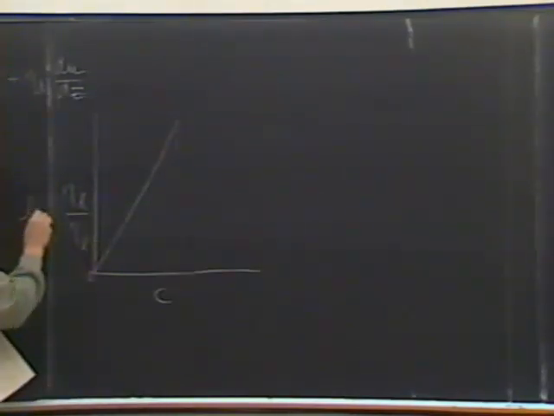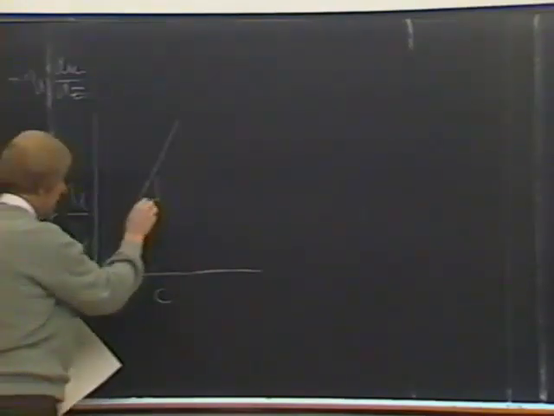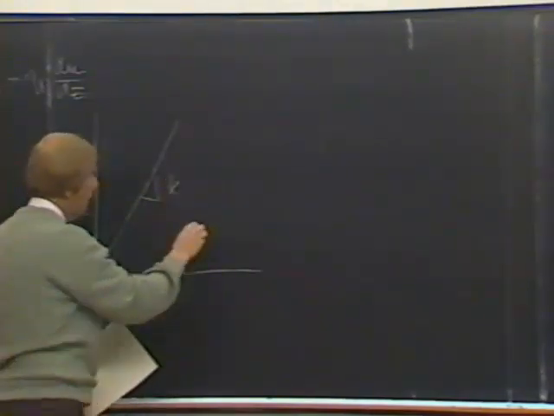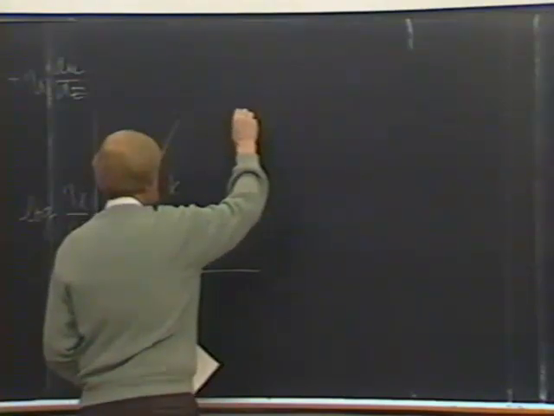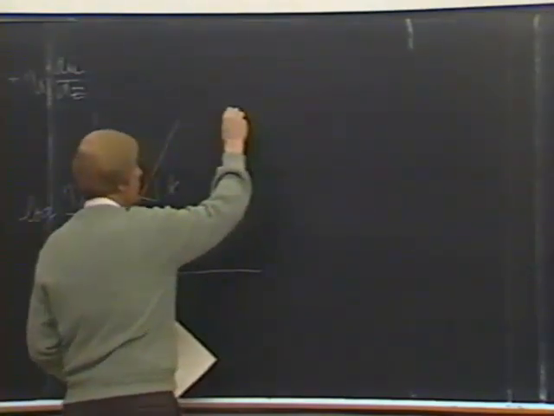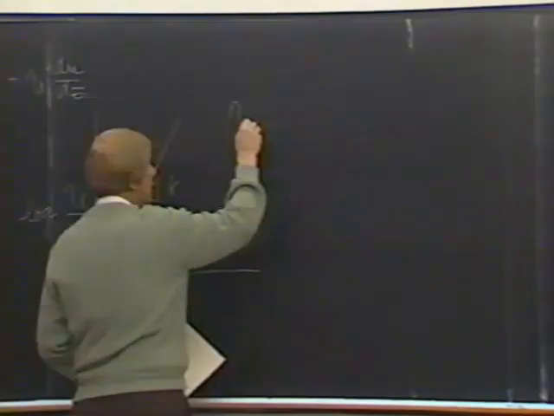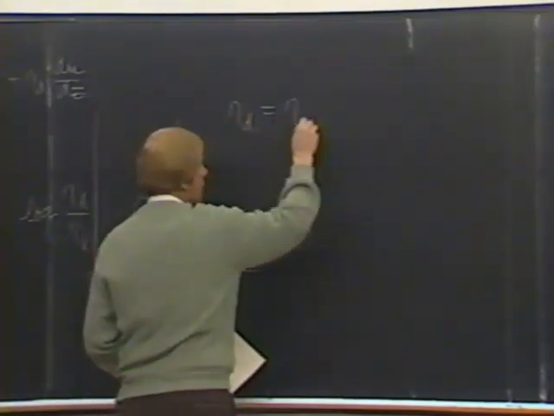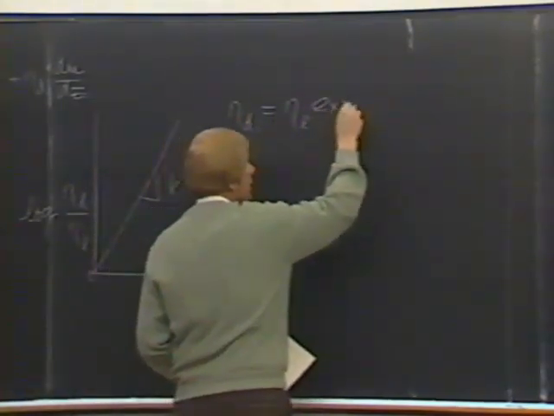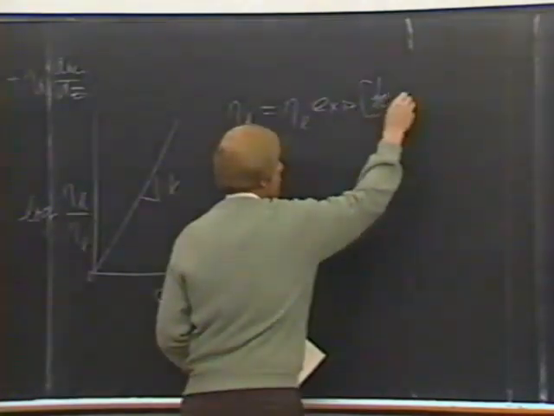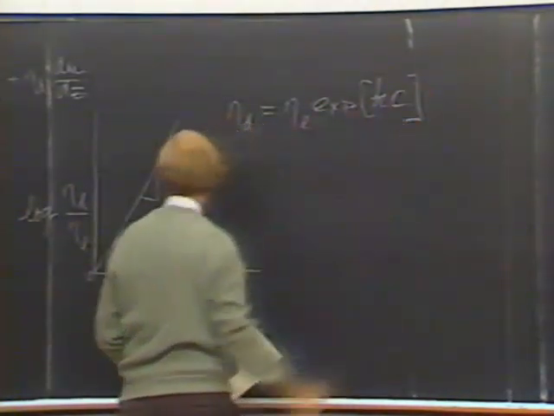This is log scale. Fit a straight line from which we could get k. And this led to empirical determination that a to d equals a to l Kc.